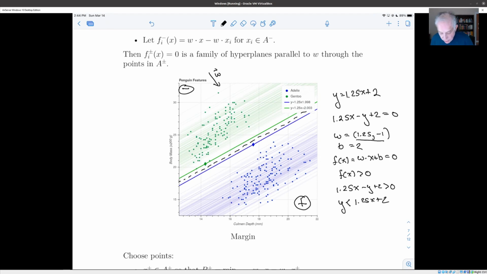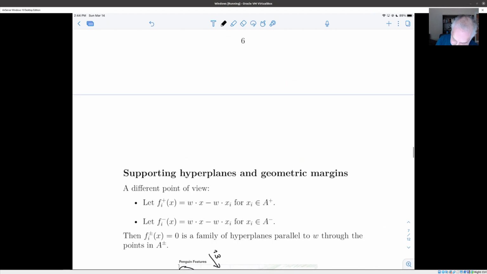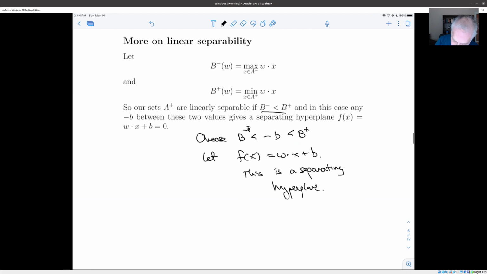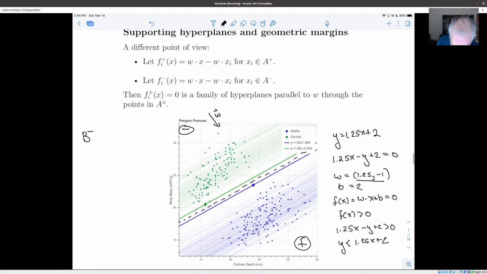Okay, so the numbers that we were interested in here were b plus and b minus. So b minus, just to remind you, is the maximum value of w dot x over the minus points. Well, w, remember, increases as we move from the upper left to the lower right.